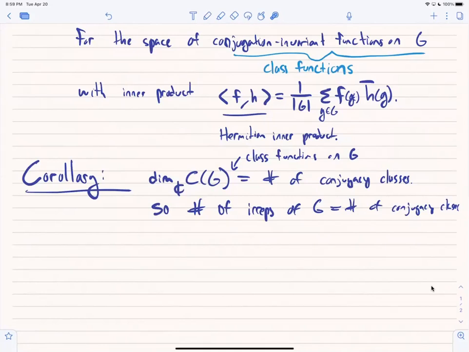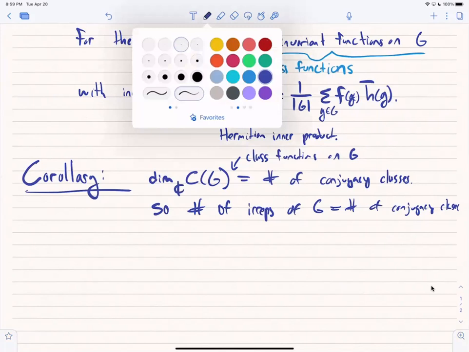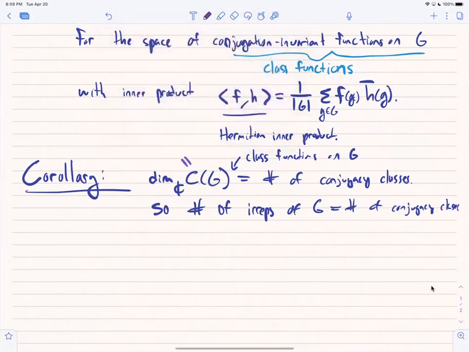Another way to think of this, using the kind of representation we've been thinking about before: the space of class functions is just C of X, where X is G with the conjugation action.